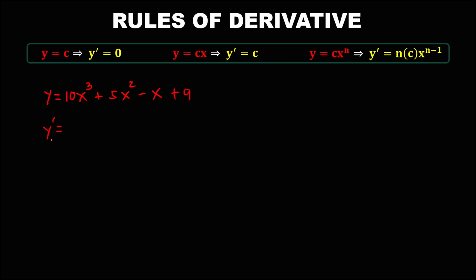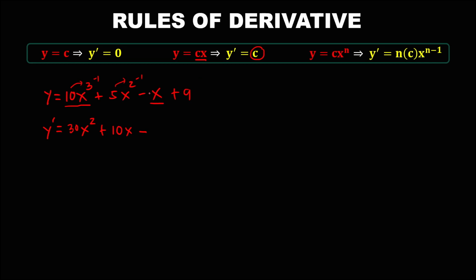To find the derivative, again using the power rule, 10 times 3, this one is 30, then x with the exponent minus 1, so to the power 2, then plus 5 times 2, this one is 10, then x to the power 1, then minus the derivative of a constant times x, that's equal to the constant.